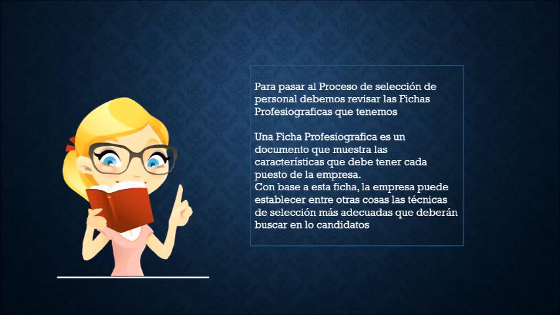To go to the personnel selection process, we must review the professional information cards that we have. A professional sheet is a document that shows the characteristics that each position of the company must have. Based on this form, the company can establish, among other things, the most appropriate selection techniques that should be sought in the candidate.